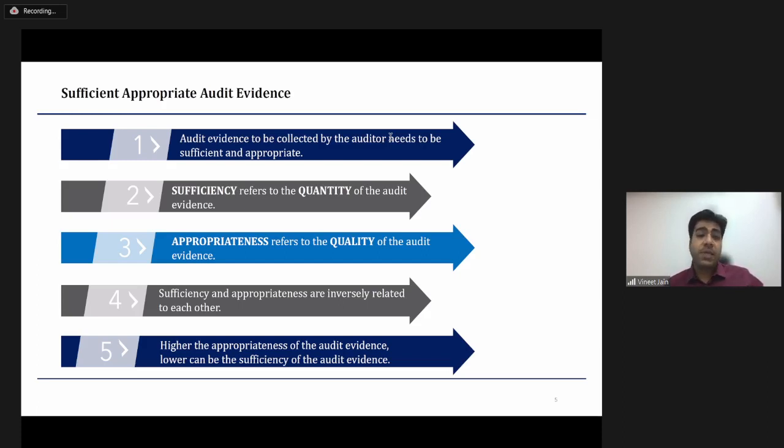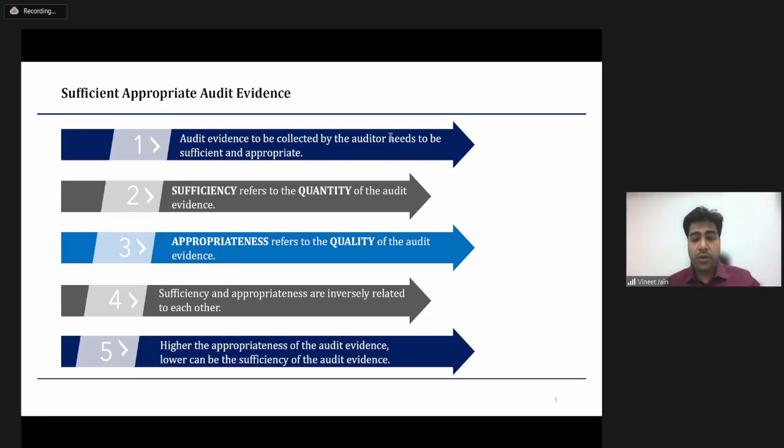Both of these aspects are very important. We need to take care of both simultaneously, but both of them are inversely related to each other, and that is a good thing for us. If the appropriateness level is high in case of an audit evidence, then the sufficiency level can be low. Let me give you an example.